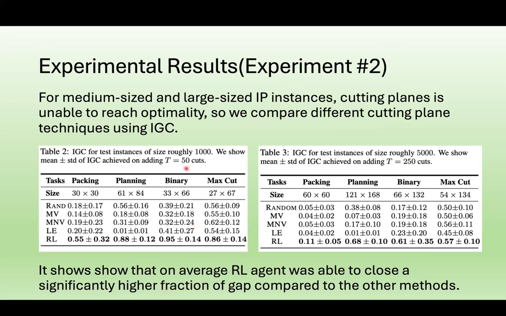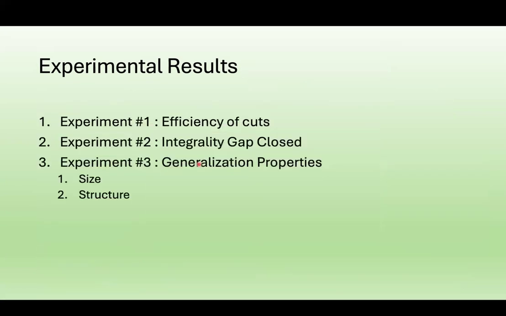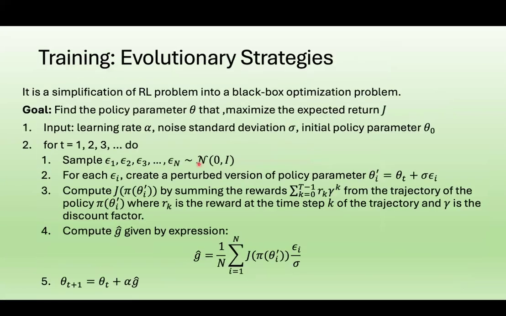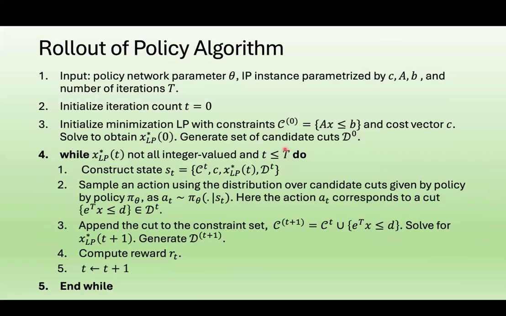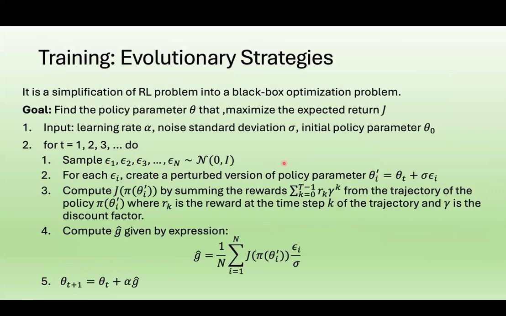For medium-sized IPs, we did 50 cuts, which means capital T is equal to 50. So to make more sense, the capital T over here has been substituted with 50 for medium-size IP instances, and capital T was substituted as 250 for large-size IP instances.